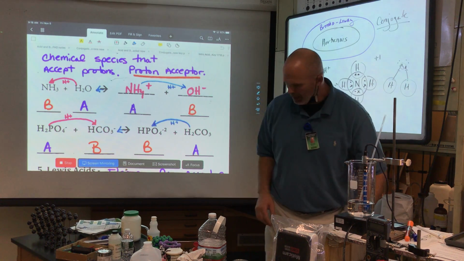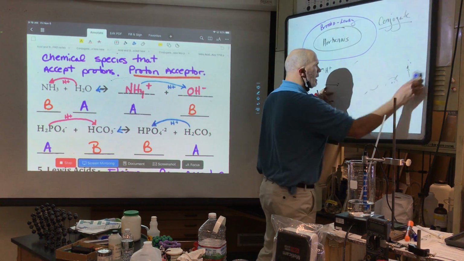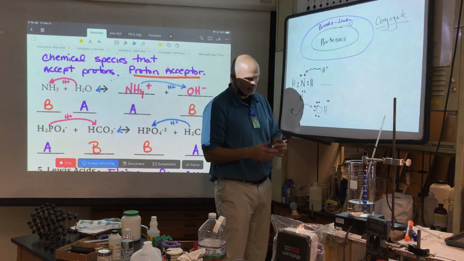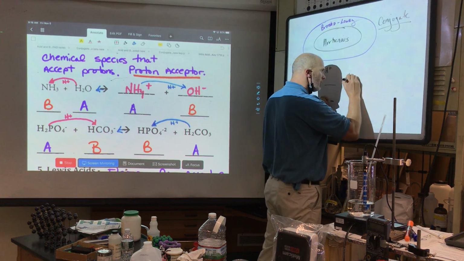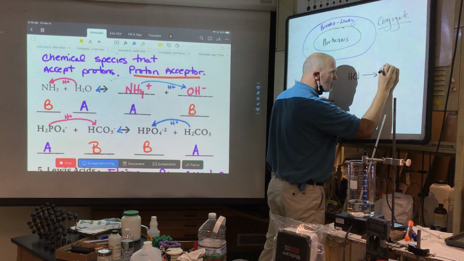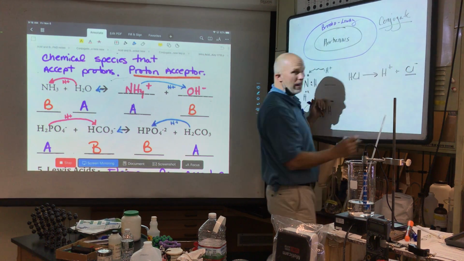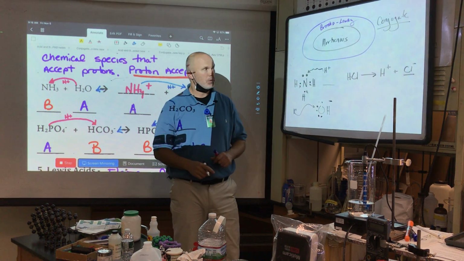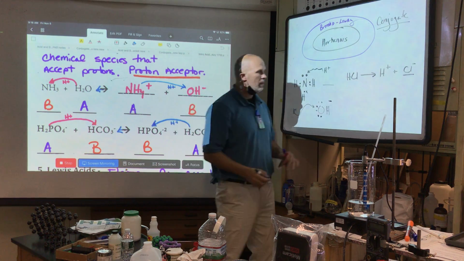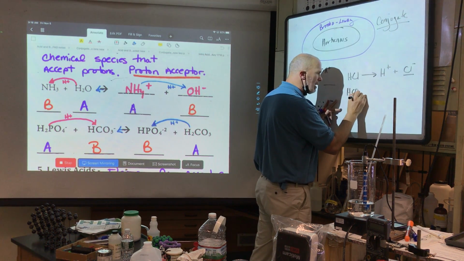For instance, let's get rid of some of this. Hydrochloric acid. After it gives off an H+, what remains? Cl negative. That's the conjugate base. Bicarbonate, HCO3 negative.